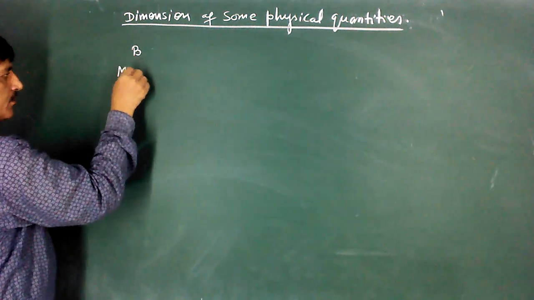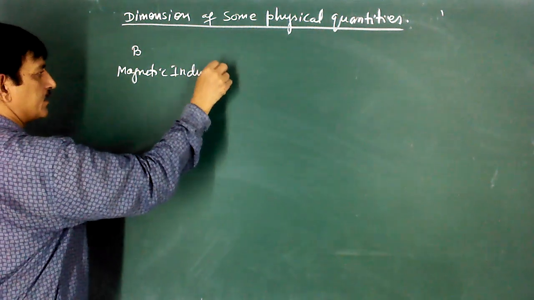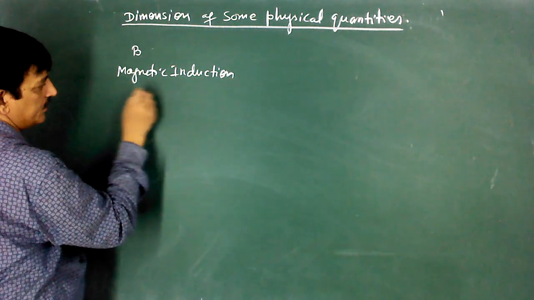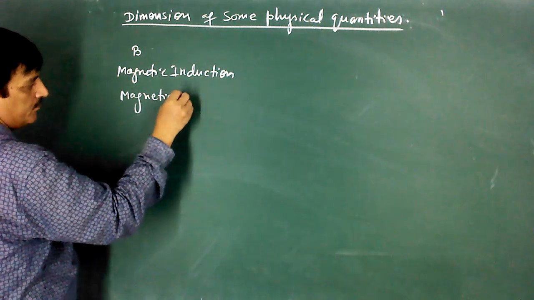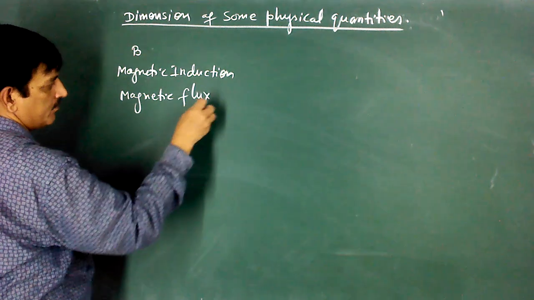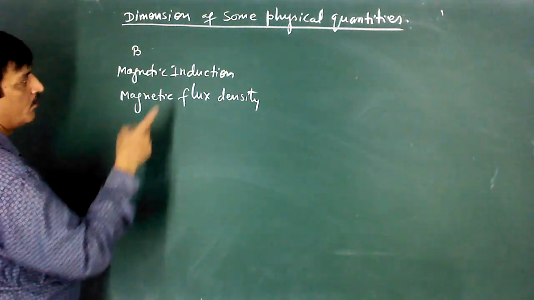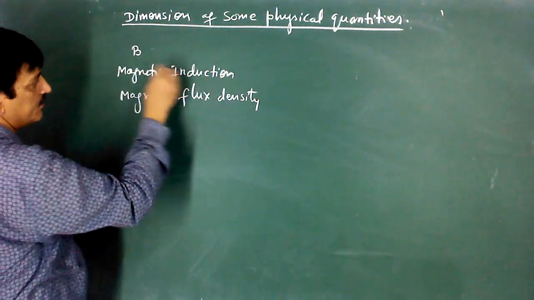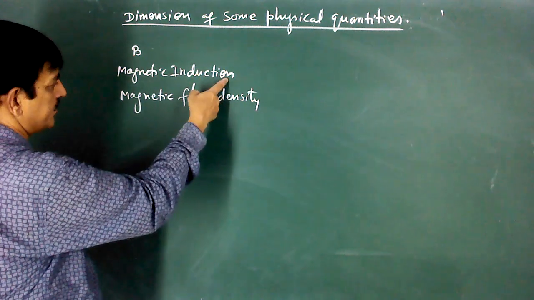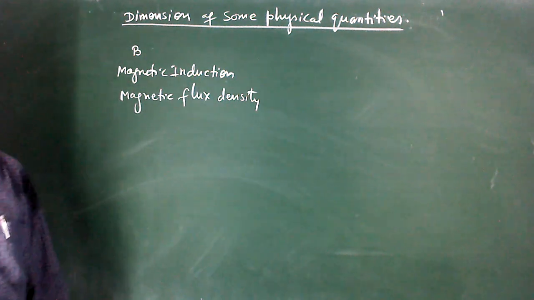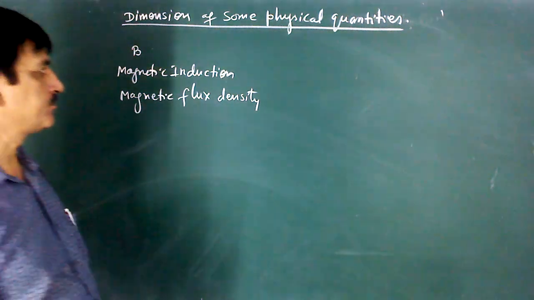This is also called magnetic flux density. So how can we find the dimension of B?